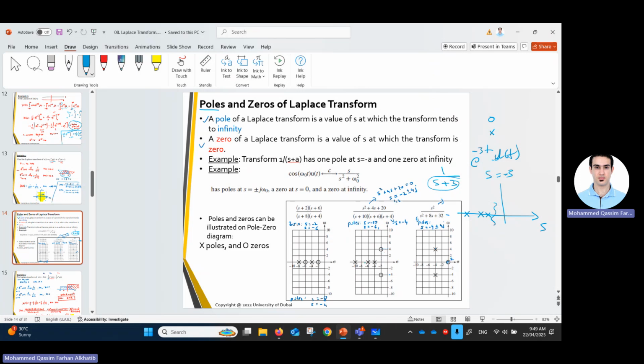Poles are represented by X's and the zeros are represented by O's. That's the X, that's the pole. And poles and zeros, if they are complex, are always conjugates. Conjugates mean that they have the same imaginary part, but reversed in sign.